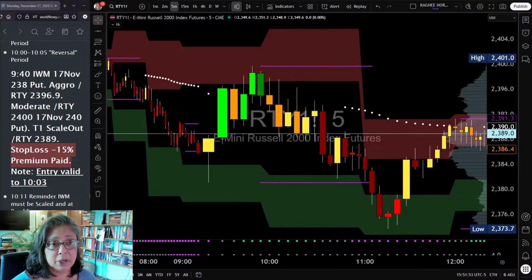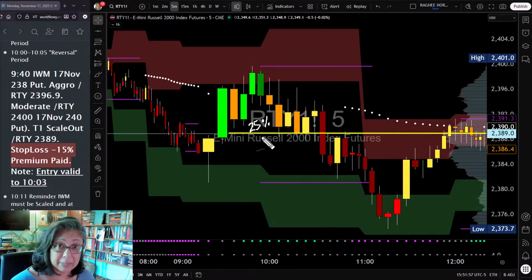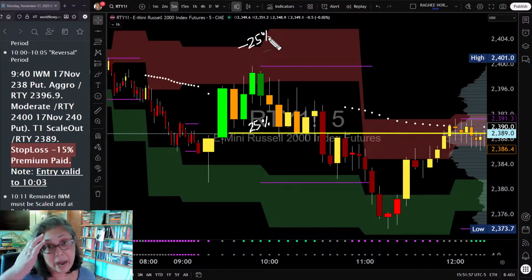The first target, as you can see here, we already have determined at the time of the setup, even before we get in, so everyone can be ready for the first scale out. That was 238.9. This just happened to represent a 25% gain on premium, which I really like because my typical risk on premium is 25%. So that's a 1-to-1 risk-reward ratio, where now we move the stop to break even.